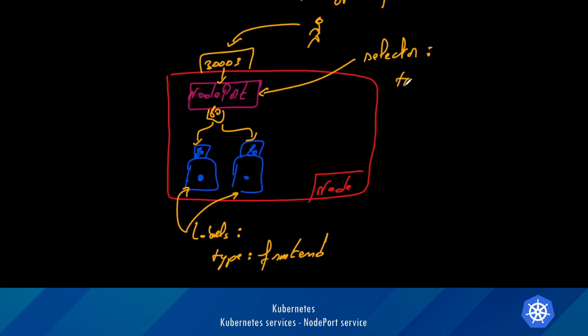So here we have type frontend. This is how we tell the NodePort service about the pods that should handle the coming requests. So now all the requests coming to this port of the worker node will be forwarded through the NodePort service to one of these 2 pods.